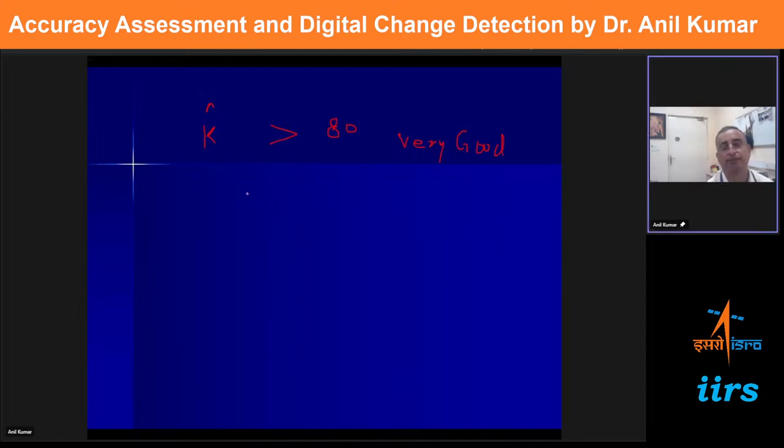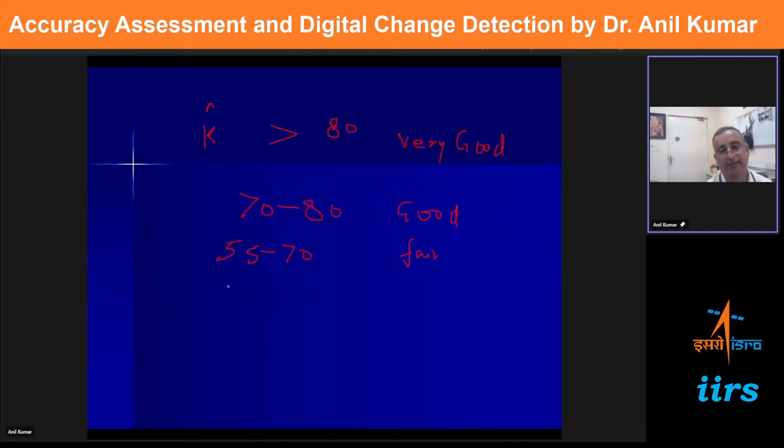When it is, say, 70 to 80, it is good. 60 to 70, it is fair.